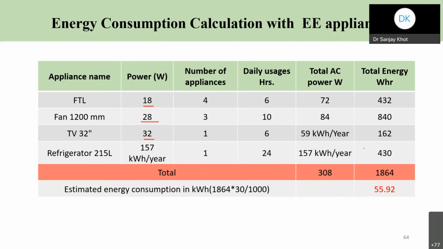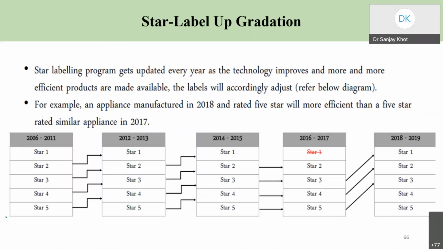We'll stop here, and if you have any questions, please ask. Hello, Sonan sir. Any participants, students or faculty, do you have any questions? Am I audible, sir? Hello. Audible, sir.